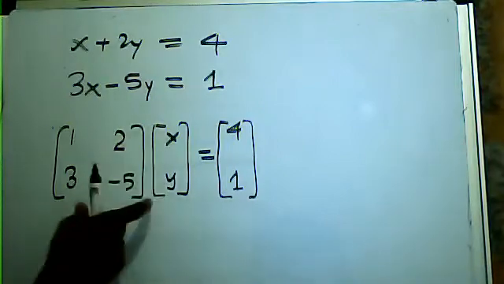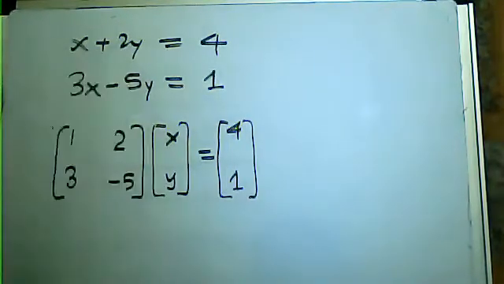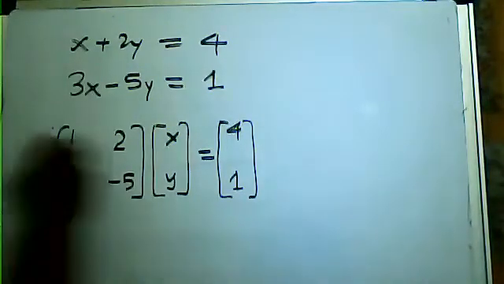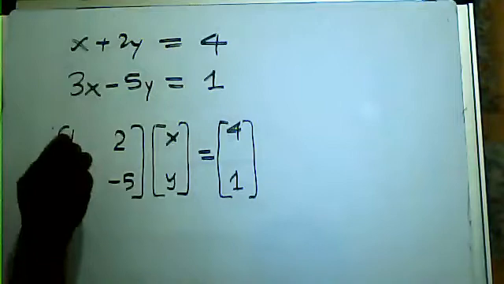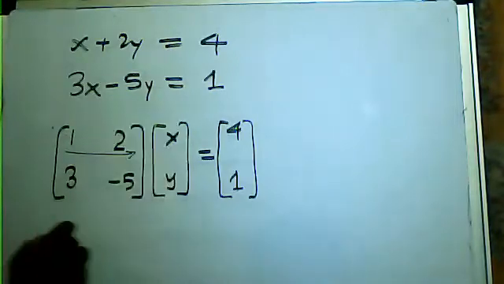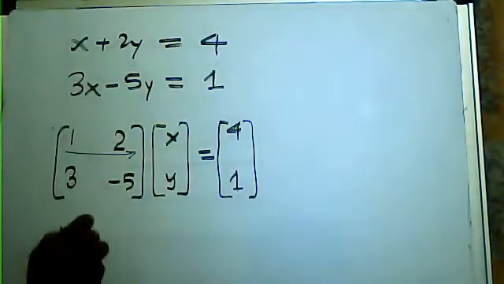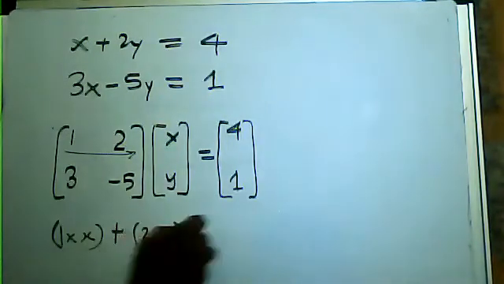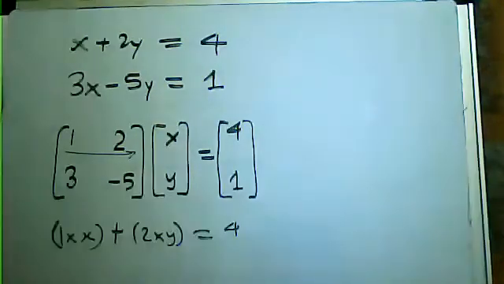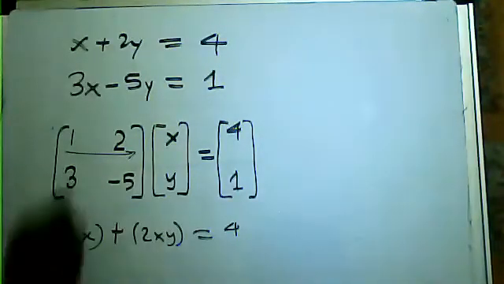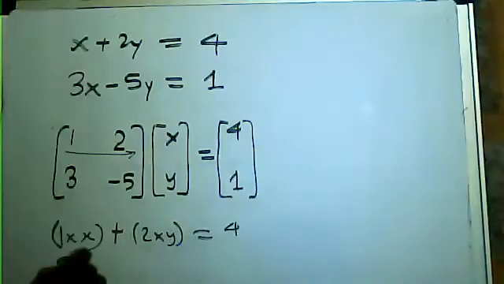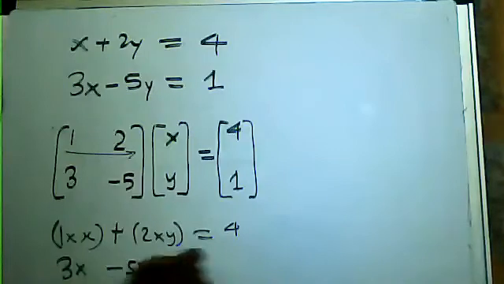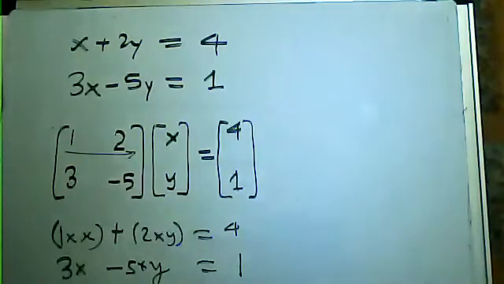If you want to believe that this is equal to that, you can actually multiply row by column, this row by this column. It will be 1 multiplied by x plus 2 multiplied by y is equal to 4, or 3 multiplied by x minus 5 multiplied by y is equal to 1.